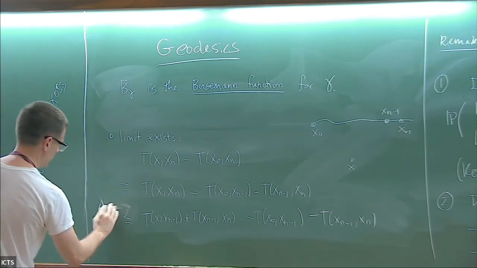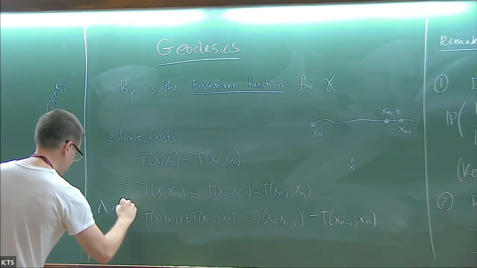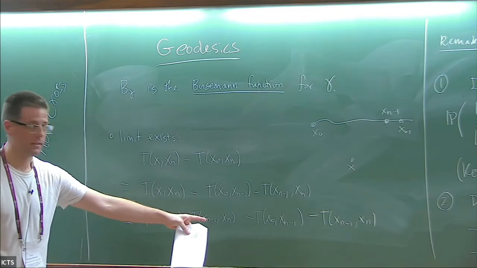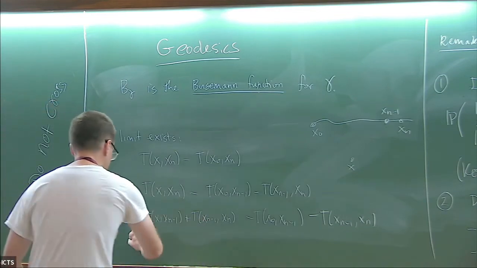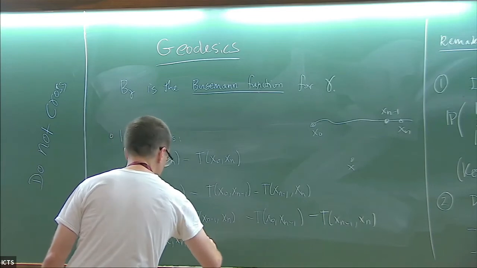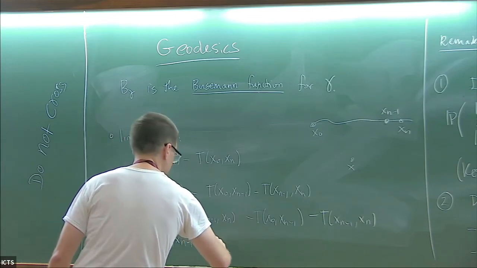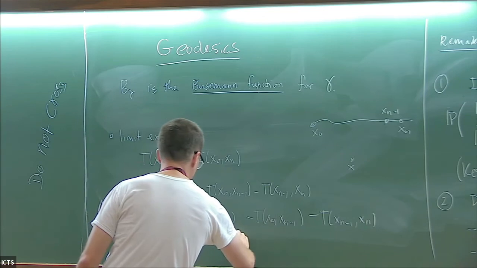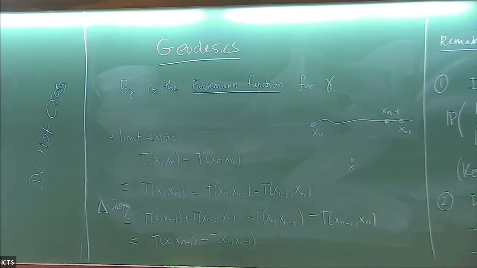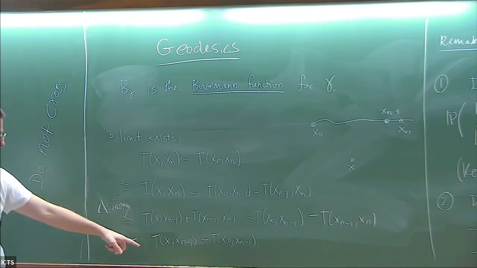Now the T(x(n-1), xn) terms cancel out, and you just get T(x, x(n-1)) minus T(x0, x(n-1)). Okay, so the nth term is less than or equal to the (n-1)st term.